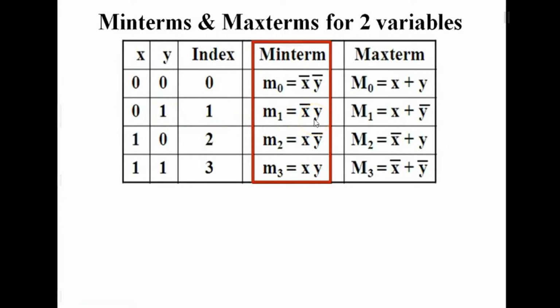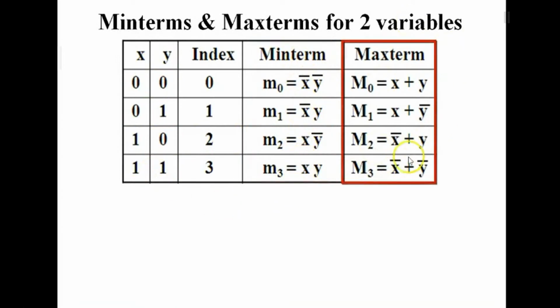So you might observe that when the variable is 0, you take the complement of that particular variable when you write the min term. And similarly, when the value of the variable is 1, you write the true form of that particular variable. So you can see that for the various combinations of x and y, the following are the different min terms.